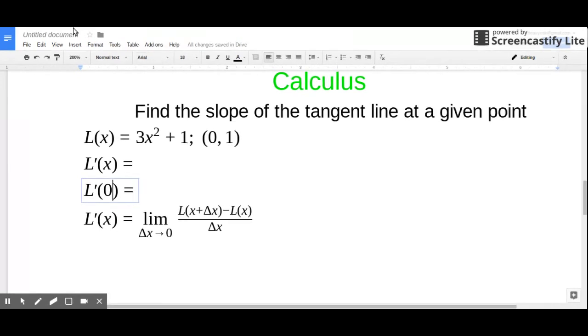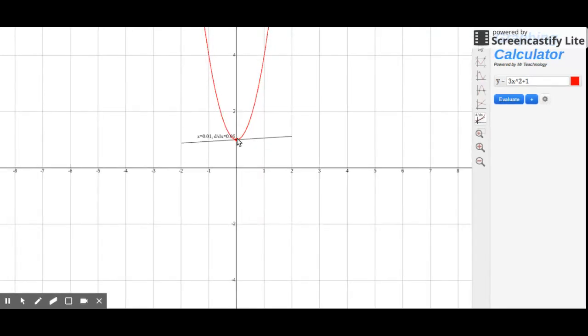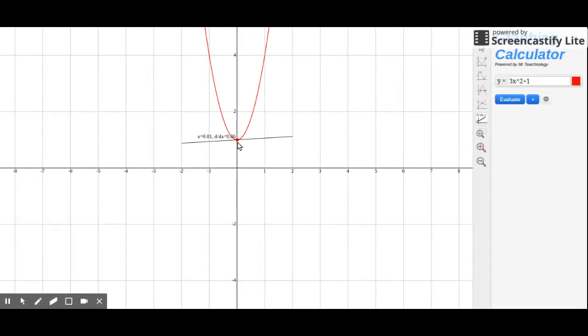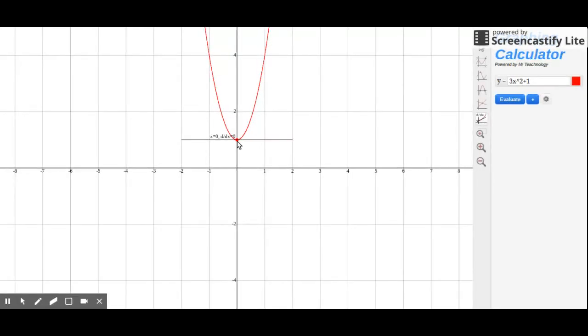Let's go up and look at the graph and see what we've got on here. So this is the graph here of 3x squared plus 1. And here's the point. See if we can get it exact here. Oh, there it is. So there's the point.